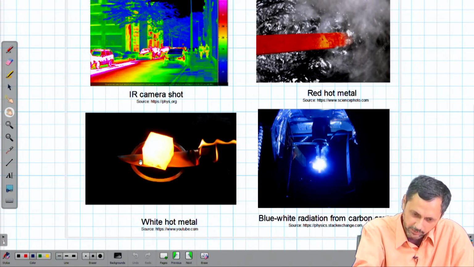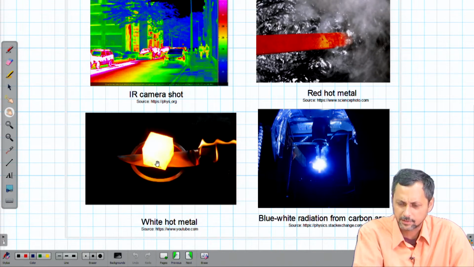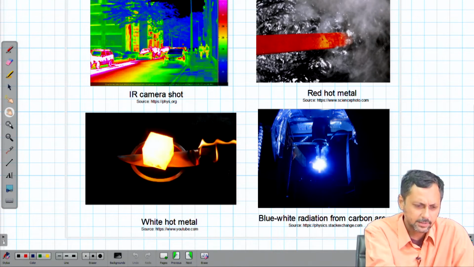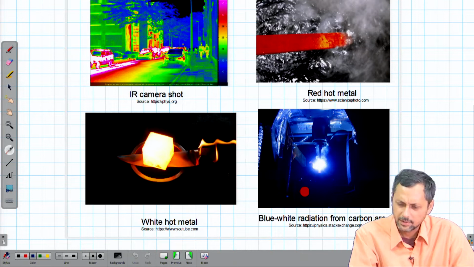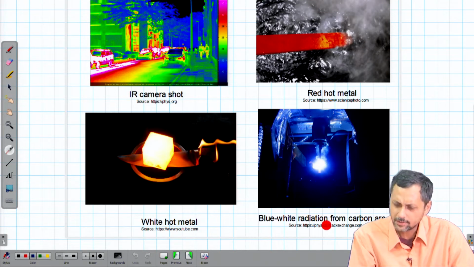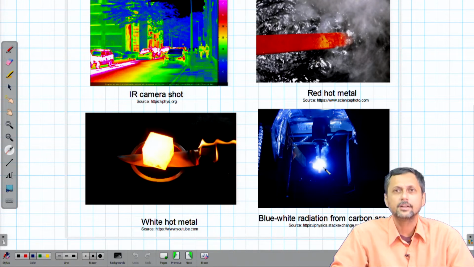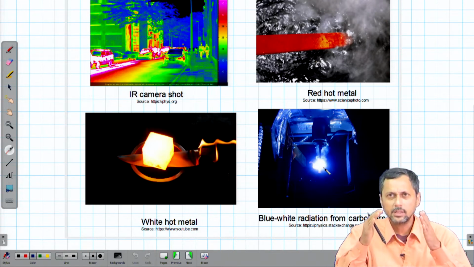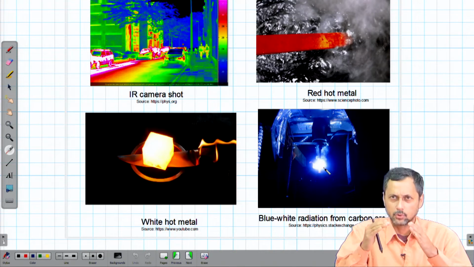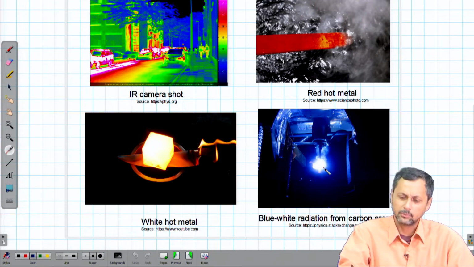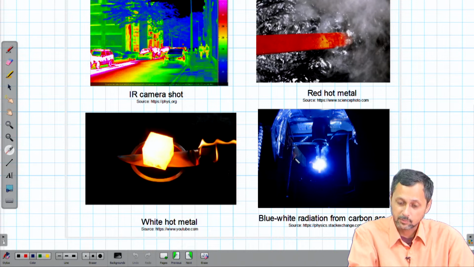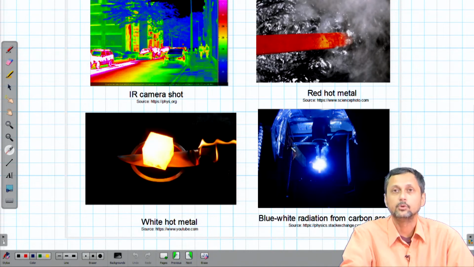So, this is a steel, this is a tungsten, and to your right, bottom right, what you see here is actually a blue white radiation from carbon arc. This is the arc that has been created inside vacuum between two solid carbon electrodes, and we see this radiation is blue white in nature. There is a definite bluish tinge.